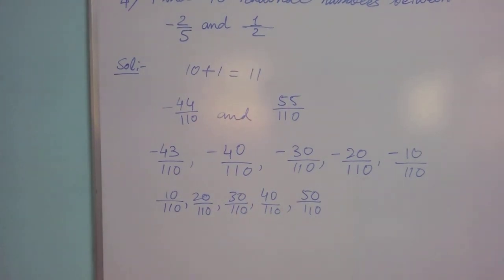So these are the 10 rational numbers between minus 2 by 5 and half.